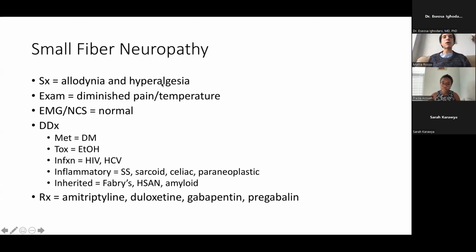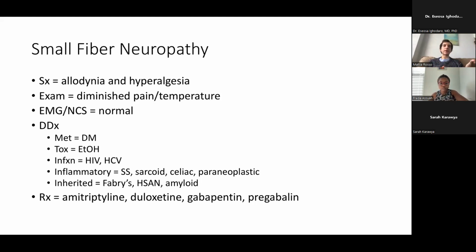So when we talk about small fiber neuropathy, this pops up from time to time, I feel, and it's usually in patients who have an extensive degree of allodynia and hyperalgesia. And does anyone know the difference between these two? So I think of allodynia as pain whenever we're confronted with a non-painful stimulus.